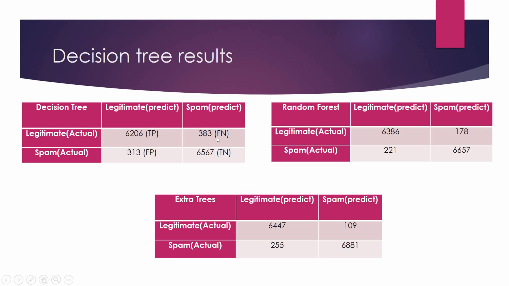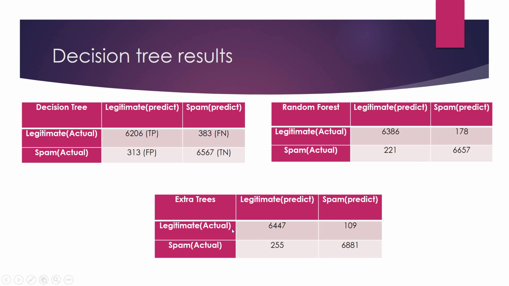Seeing the results, we can see that decision tree doesn't perform well. False negatives and false positives are high. In case of random forest, they are pretty fine, like 178 and 221. If we compare the classifiers, random forest performs better in case of false positives, whereas extra trees performs better in case of false negatives.